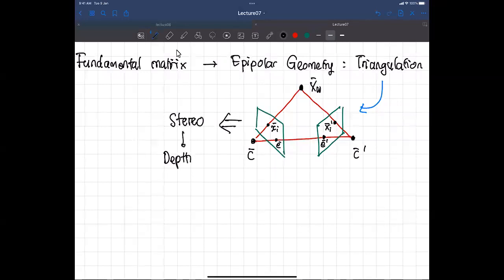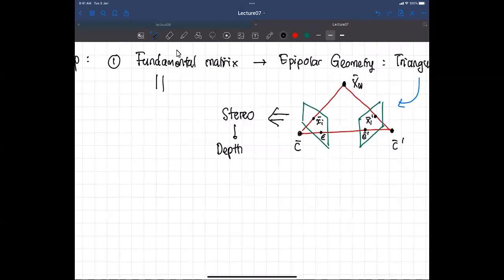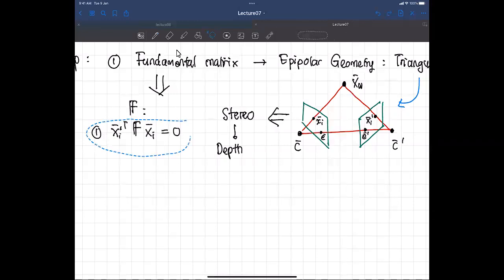And the fundamental matrix, which is F, is important in two ways. One is that we have xi prime transpose F xi bar equals 0. This one is equation number 1 here.